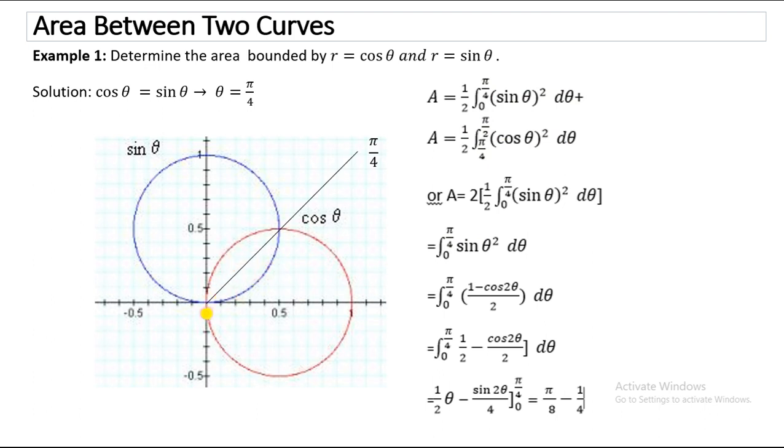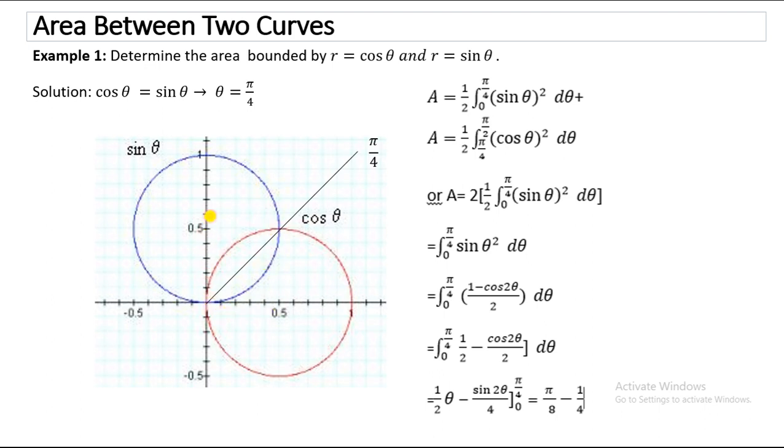Or, because these circles have the same radius, the green circle and the red circle, this red circle has radius half, and the blue circle has the same radius half.